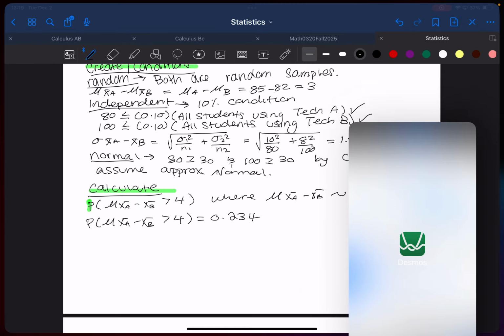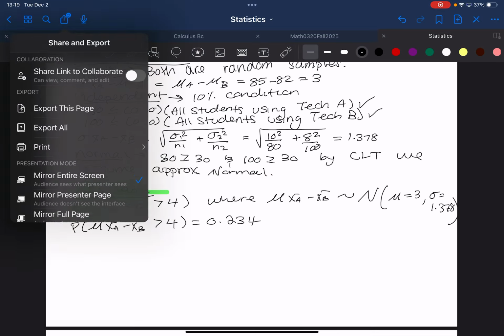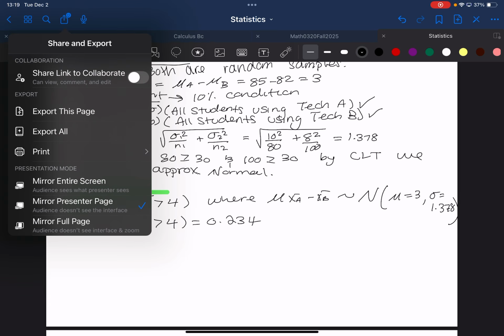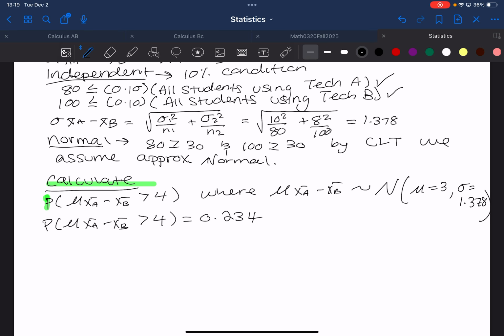Once I have that answer, I don't need Desmos anymore, so I can get rid of this and go back here. I can do my last C, which was what? Close, not connect. Conclude. Conclude or conclusion, either one. And that's where I'm going to write a what? A sentence. I need to make sure I include context from the problem.